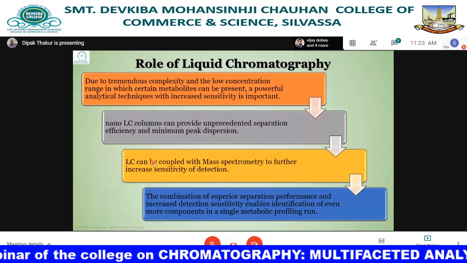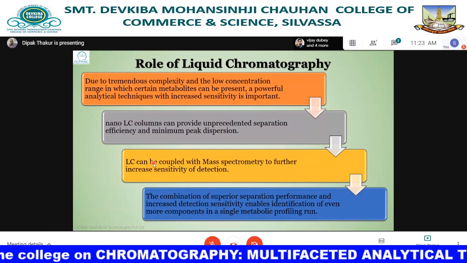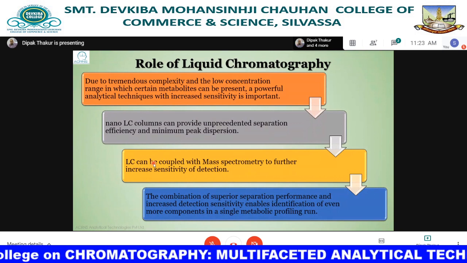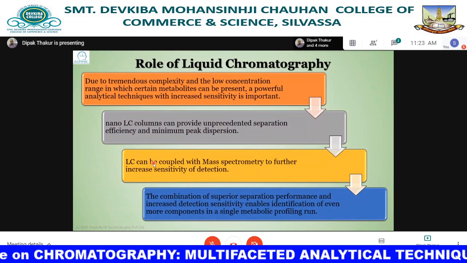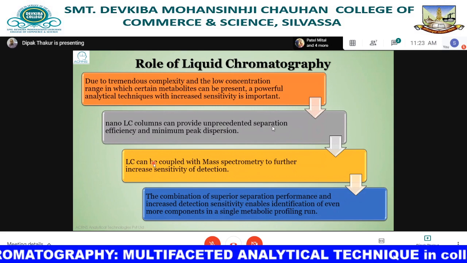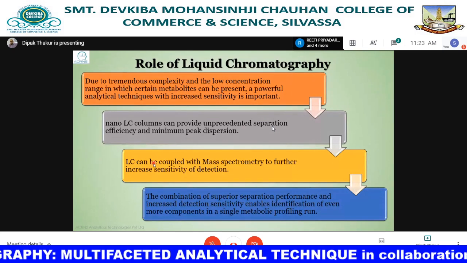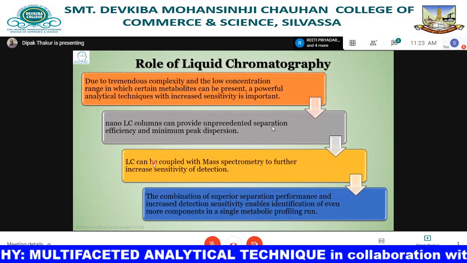Nano LC columns, which are right now packed columns, packed with beads, are being used for this particular purpose. They provide unprecedented separation efficiency and minimum peak dispersion. The liquid chromatography can be coupled with mass spectrometry.